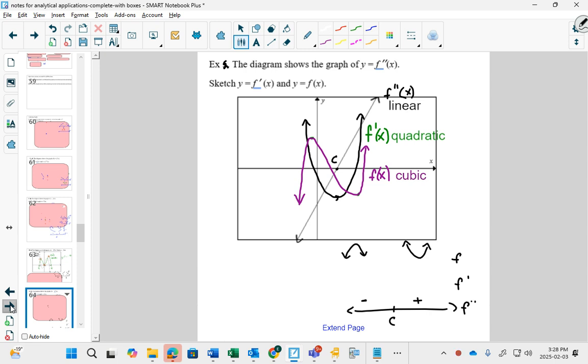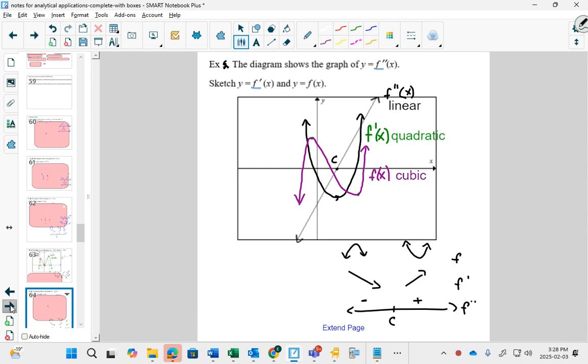But we can also use this to tell us something one level up. If I go from F prime up to F, I know that F prime has to go down and then up. And since F double prime is linear, if you went up 1 level, you would get quadratic.